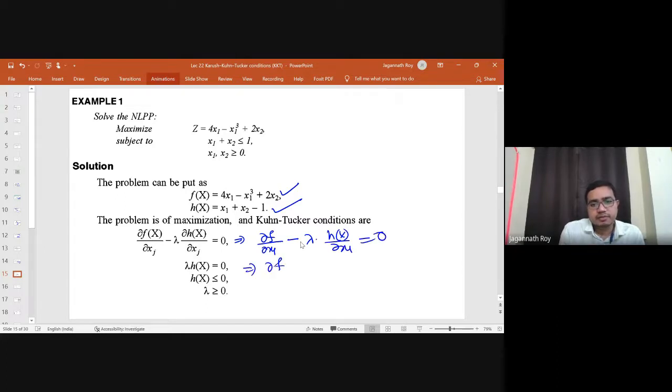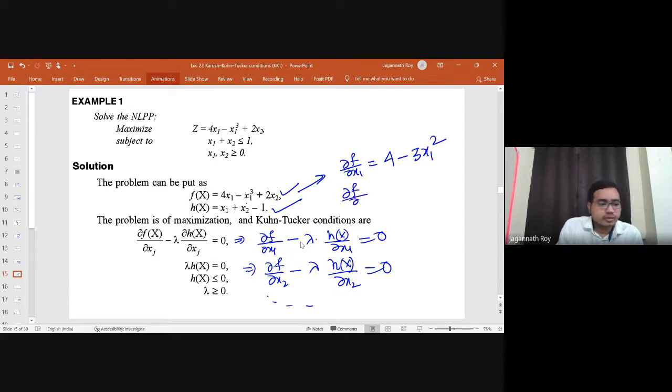Similarly, del f del x2 minus lambda into del h del x2 equals to 0, and so on. So if you do this, what will happen? Del f del x1 is 4 minus 3x1 square.